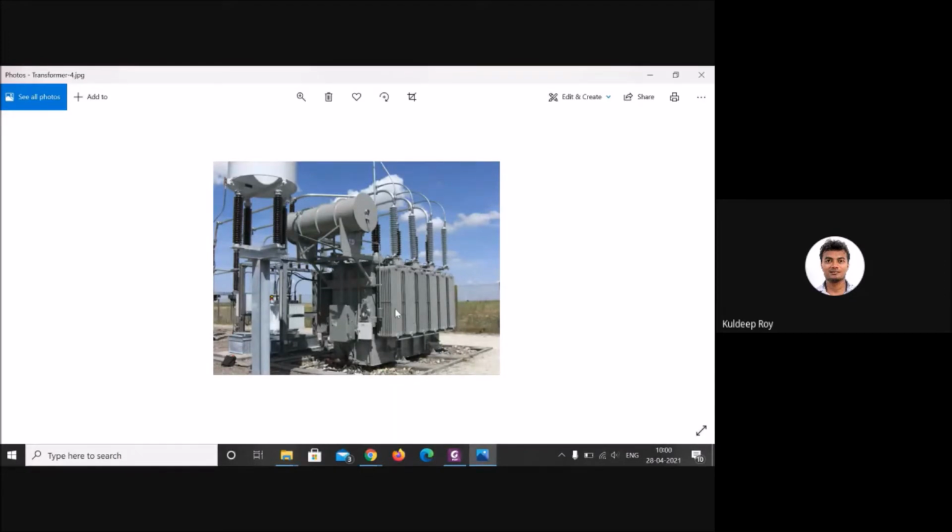Now this is the example of natural convection. I'm not going too much in depth, but we have given just an idea of how the transformer uses natural convection. Okay, I think you have got a little bit of an idea.